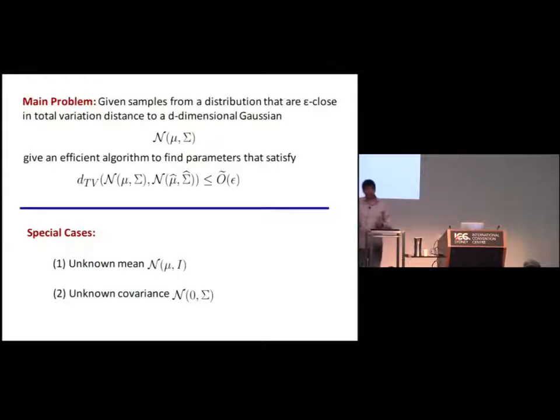This, in the nomenclature of robust statistics, is often called robust estimation of location, because we're looking for the mean of some distribution. Another special case of this problem that will be interesting is when the mean is 0 and the variance is the only thing that's unknown. This is often called robust estimation of scale. So these are the two canonical problems in robust statistics: robust estimation of location and of scale.